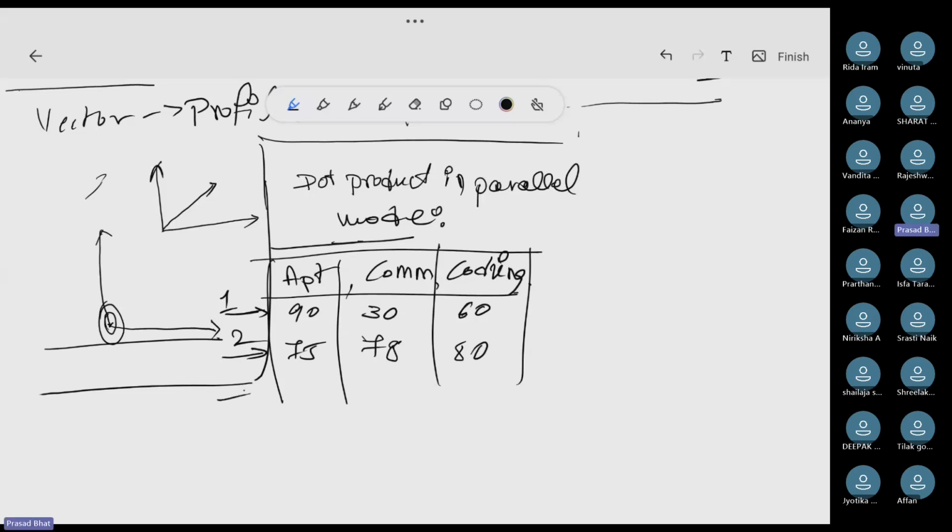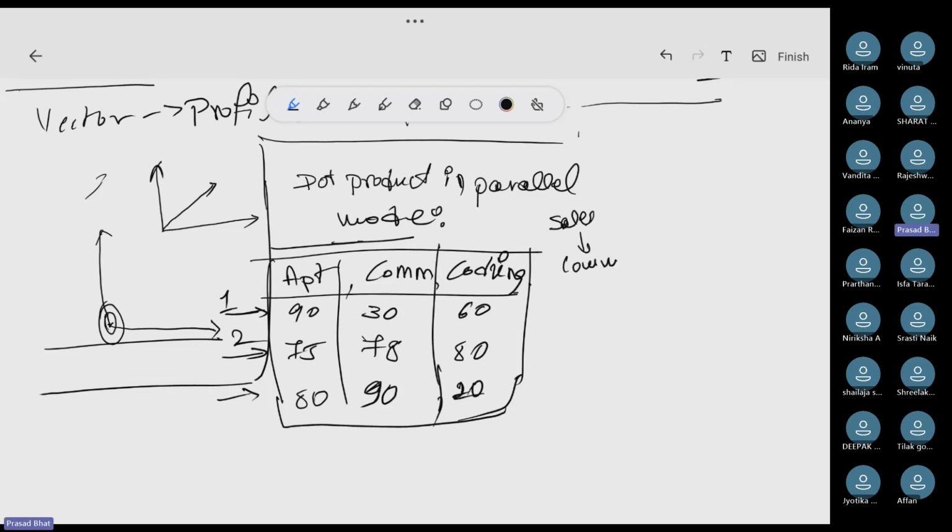Another person is good in aptitude, fine. Communication is also very nice, let's say 90, but his coding skills are very, very weak. Let's put it as 20, right? Now, let us say there are two companies coming in. One is a sales based company, which requires which skills?